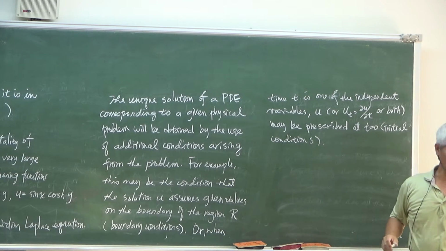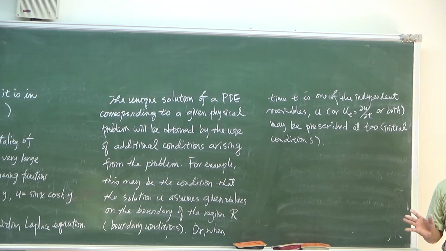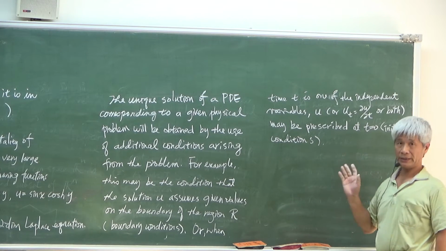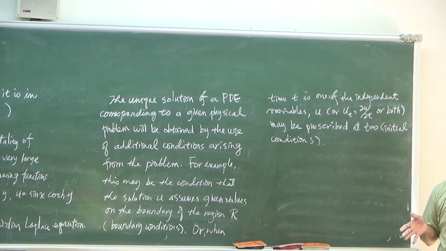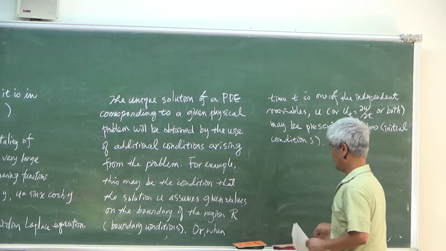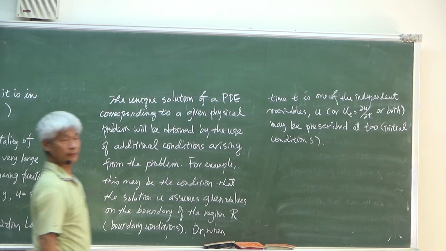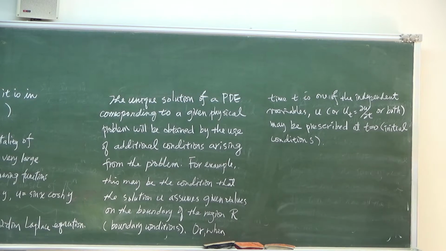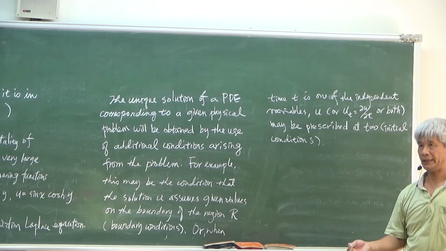Okay, all right. So the additional conditions may be prescribed as boundary conditions on the boundary of a region, or prescribed as initial conditions if time t is one of the independent variables. So we will solve partial differential equations with some of these additional conditions, either boundary conditions or initial conditions, or both of them. Okay.